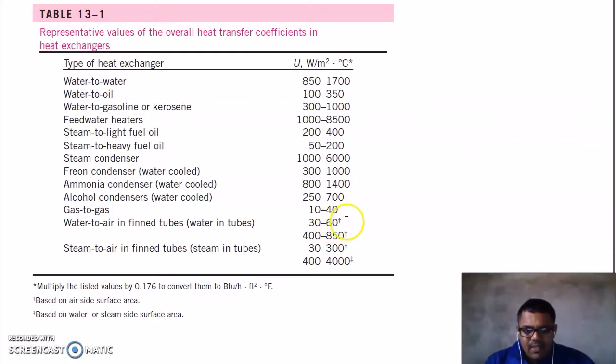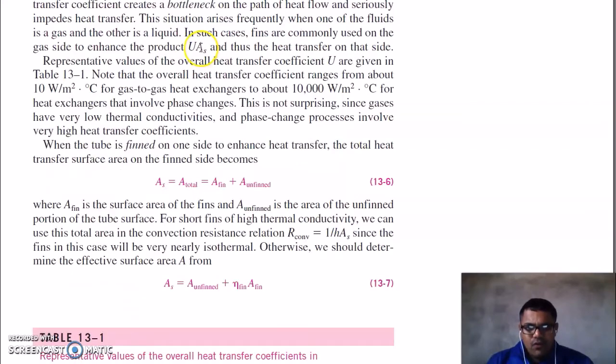You can say this is based on air side surface area and this is based on water or steam side surface area. Now if you use fins, As is equal to, when the tube is finned on one side to enhance heat transfer, the total heat transfer area on the fin side is equal to the area of fin plus the area unfinned.